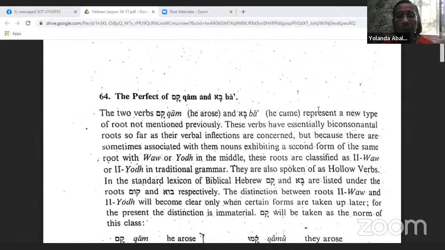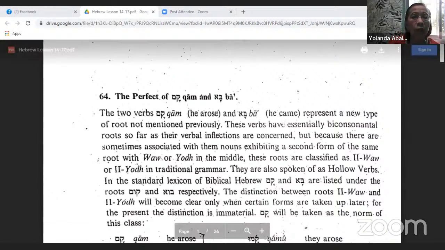They are also spoken of as hollow verbs. All right, not holy, vav and yod. In the standard lexicon of the Biblical Hebrew, kam and ba are listed under the roots of kom and bo. Yeah? Pag isusulat mo yung kom and bo, para ka rin nagsulat nitong can I draw?